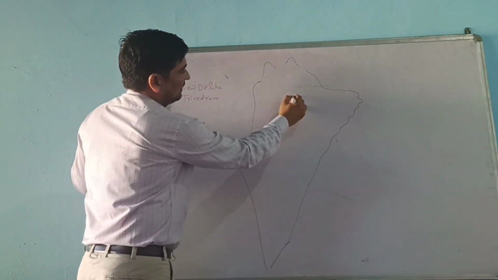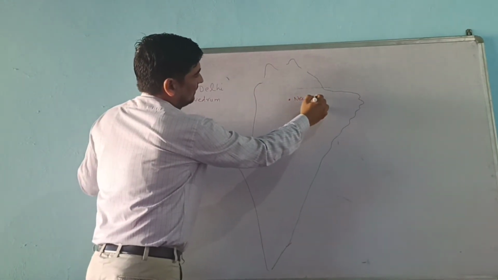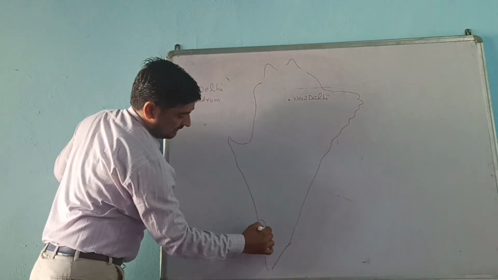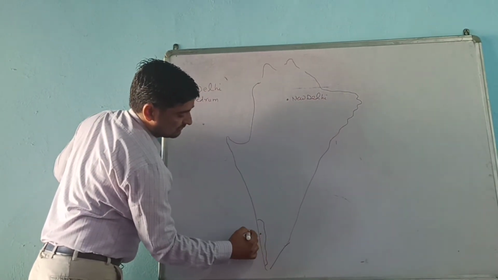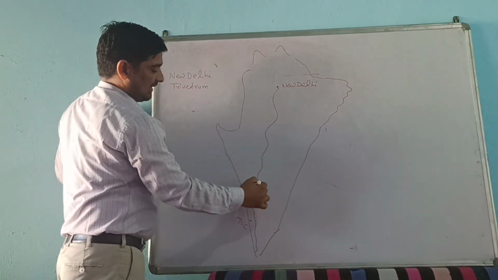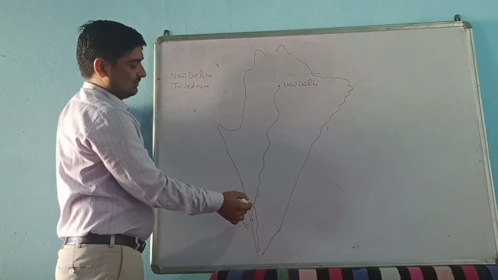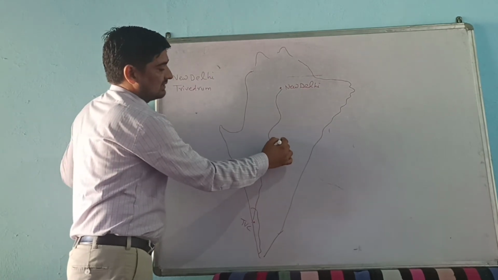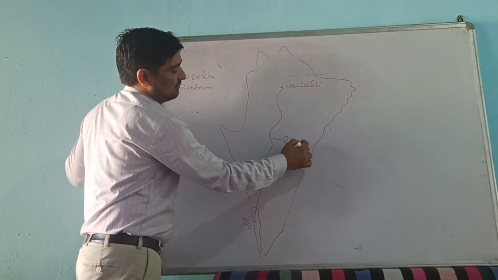Suppose you are going to New Delhi from Trivandrum, or you can say Ernakulam. Suppose I am taking Trivandrum. From Trivandrum to Delhi, you will be passing through different states. Suppose this distance is 2400 kilometers.